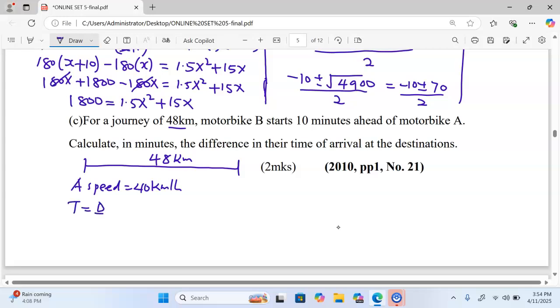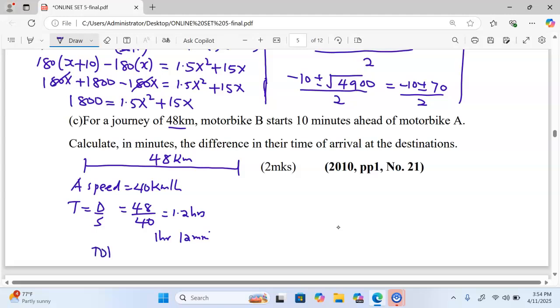Time is distance over speed. We have the distance as 48 divided by the speed of 40. This one is going to give us 1.2 hours, which is the same as 1 hour 12 minutes.